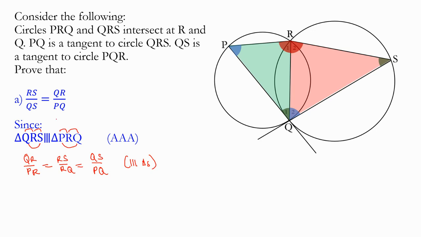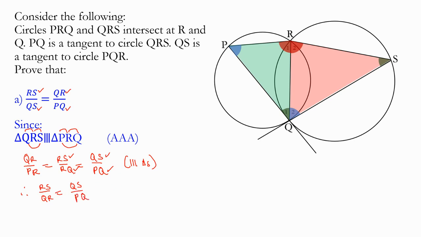Why are we saying that? Similar triangles. Now what we have here, we have RS, RS, QS, QS, QR, we have RQ there, which is just the same, and then PQ, PQ. So therefore we have RS over QR is equal to QS over PQ.